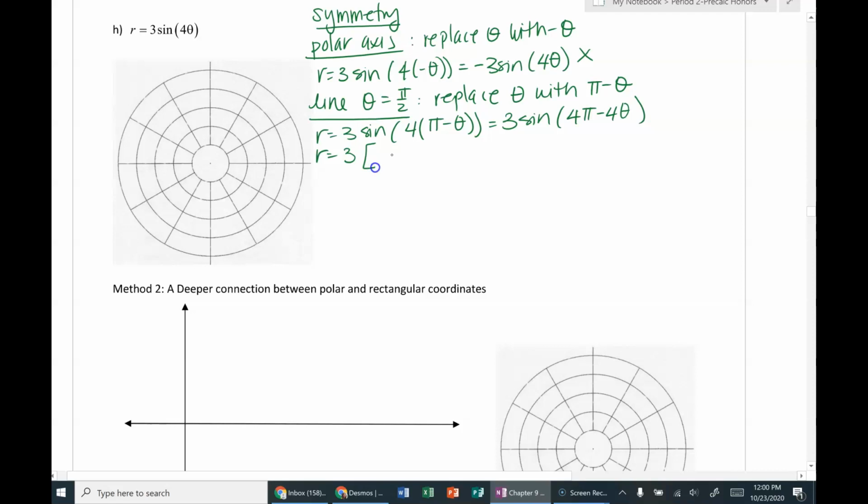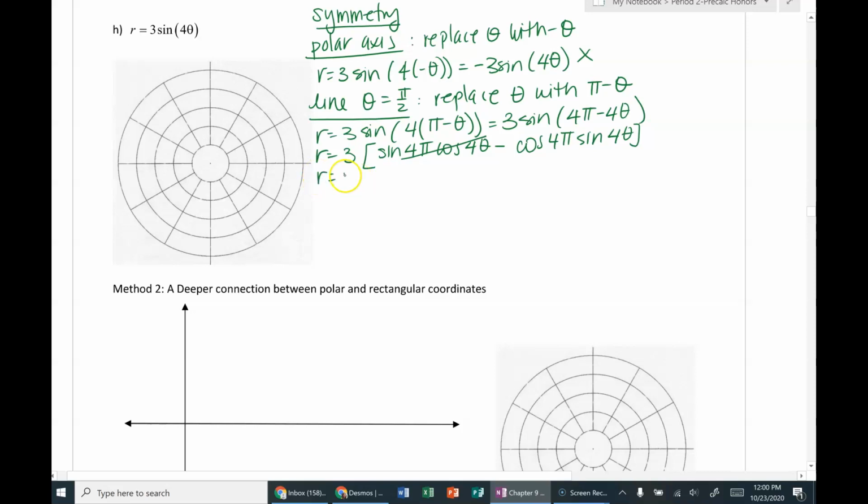So 3 bracket sine of 4 pi cosine of 4 theta, take away cosine of 4 pi sine of 4 theta. Sine of 4 pi will disappear because that's 0. Cosine of 4 pi is positive 1.